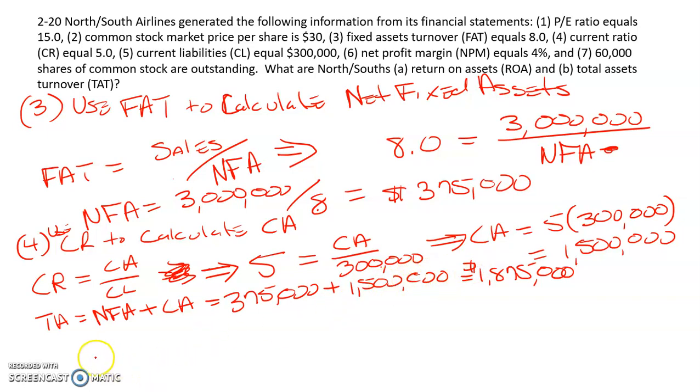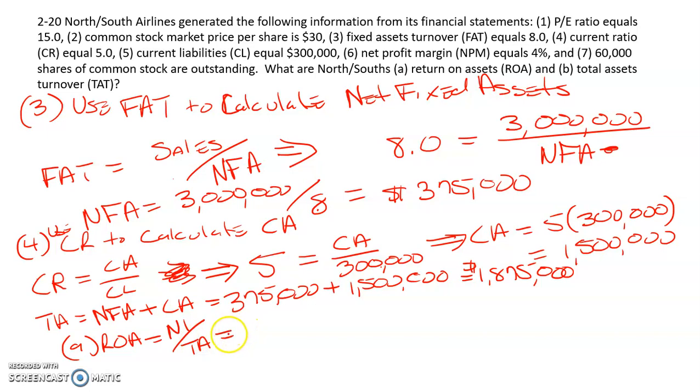So now we have the information that we need first to calculate return on assets. That's net income divided by total assets.